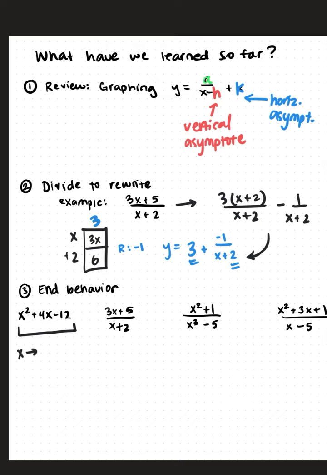So we write as x approaches infinity, y approaches infinity. And since it's squared, as x approaches negative infinity, when you square a negative number, you're still going to get infinitely positive.